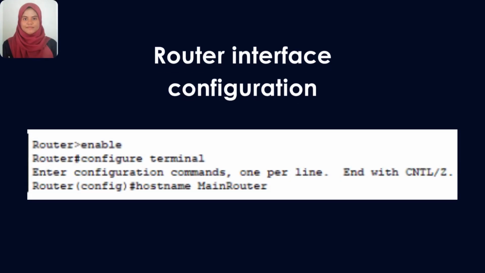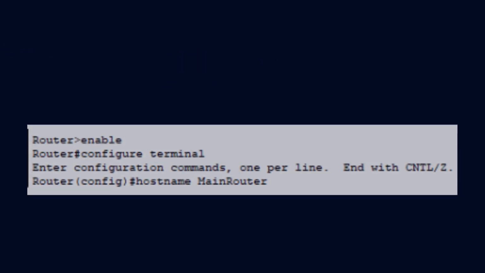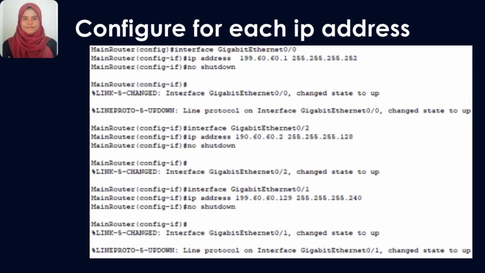Next, on the main router, I set the hostname and configured the interfaces. On GigabitEthernet 0/0, I assigned the IP address 199.60.60.1 with the subnet mask of 255.255.255.252 and activated it.